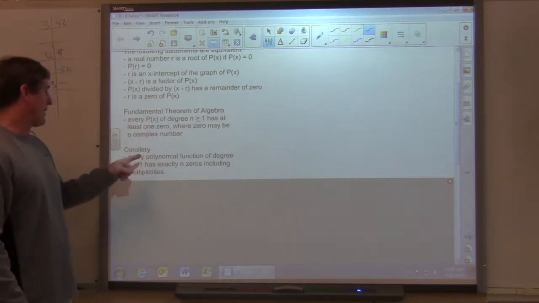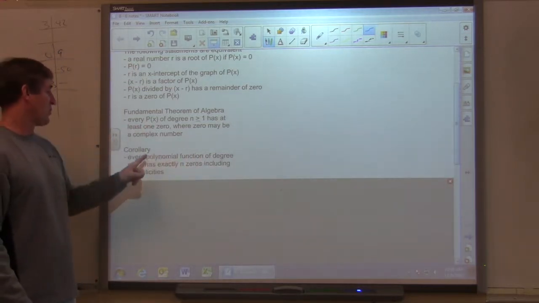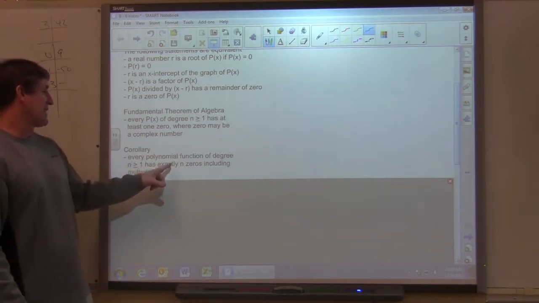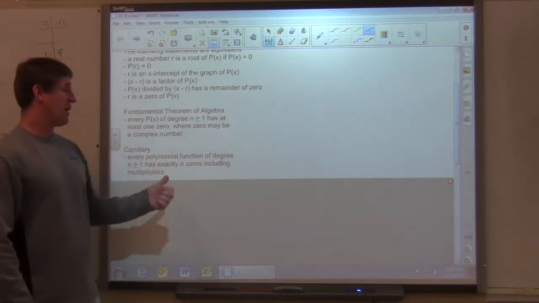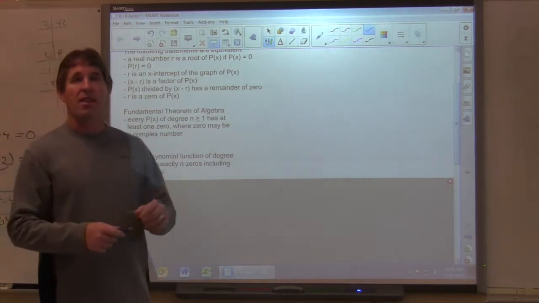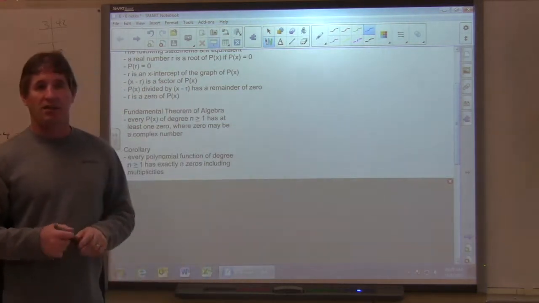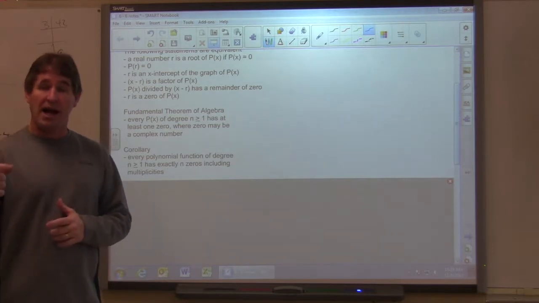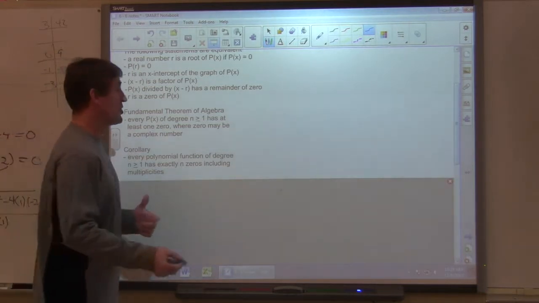And that, we've talked about this, every polynomial function of degree n greater than or equal to 1 has exactly n zeros, including multiplicities. So we've talked about this throughout this year, that whatever the highest exponent of the variable is, that's going to tell us how many solutions we have.